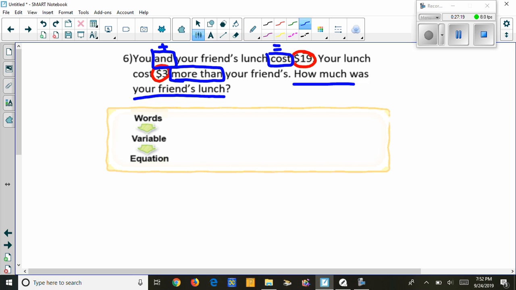In words, what's happening here is your friend's lunch and your lunch cost $19.